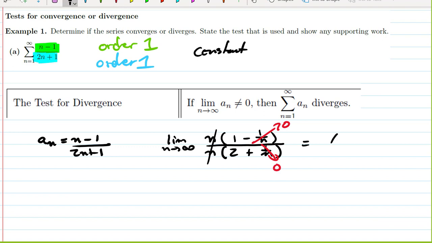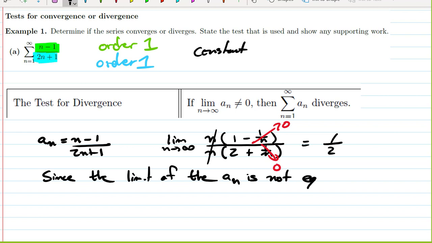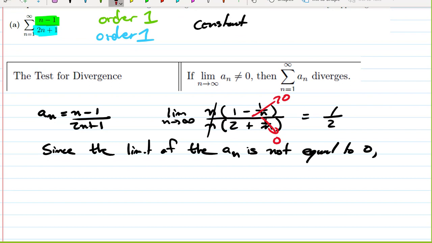So our limit converges to 1/2. Since the limit of the a sub n's is not 0, by the test for divergence, the series diverges.